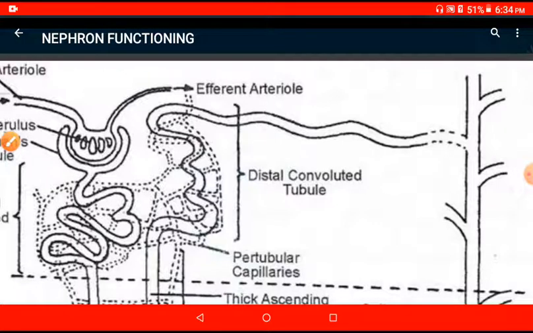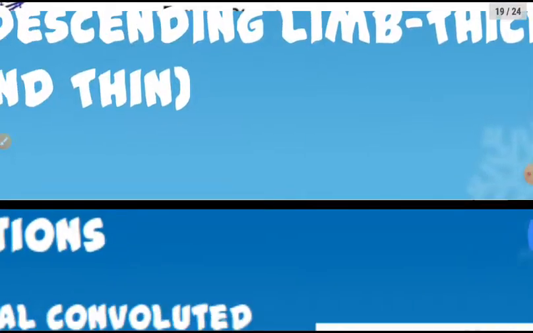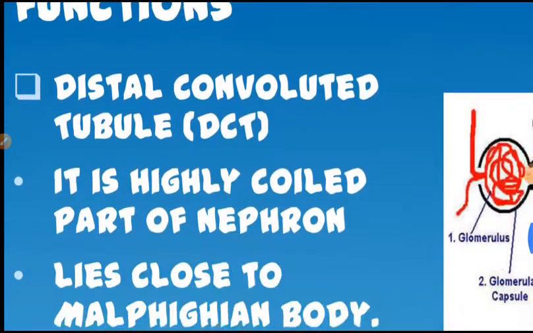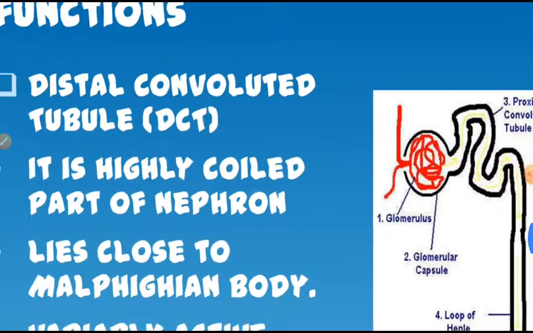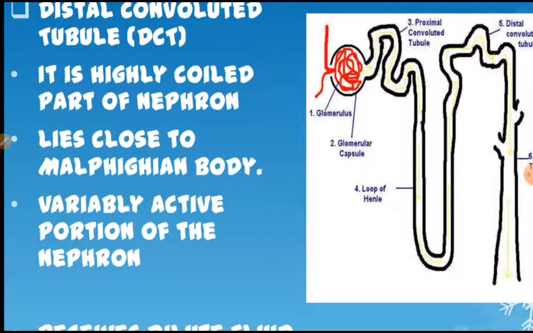Then the next and last part we have to discuss is the distal convoluted tubule or DCT. It is a highly coiled part of the nephron, and it lies close to the Malpighian body. It is a variably active portion of the nephron, and it is lined by cuboidal epithelium without any true brush border.